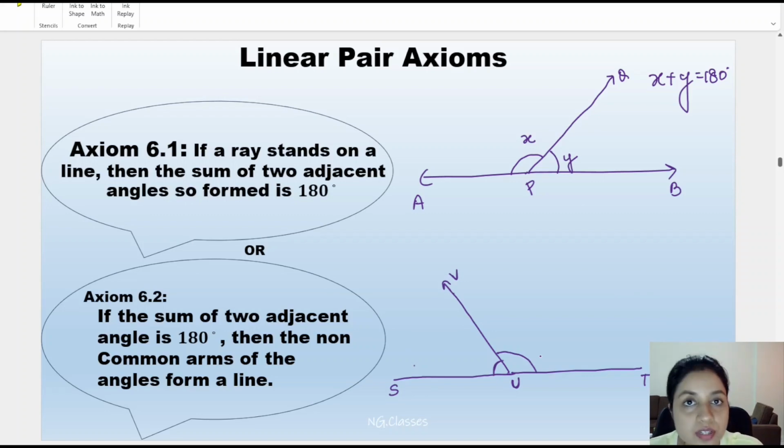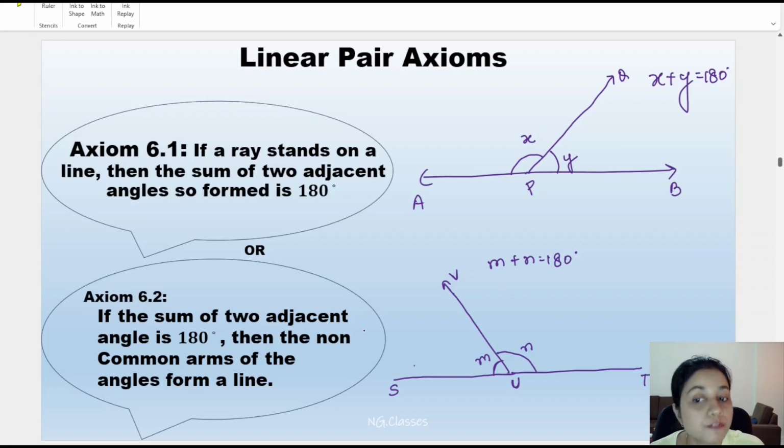Can you see two adjacent angles here? It says the sum is 180 degrees. That's why we are bound to draw it like this. The sum of M and N has to be 180 degrees. Then only we can proceed with this axiom.